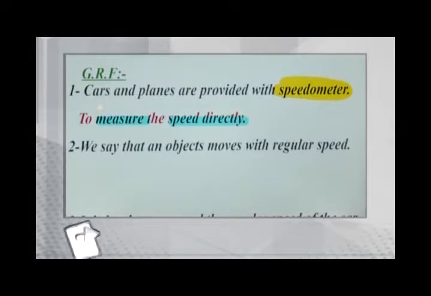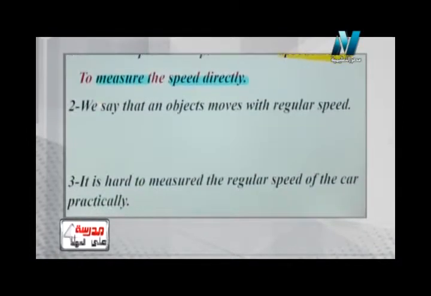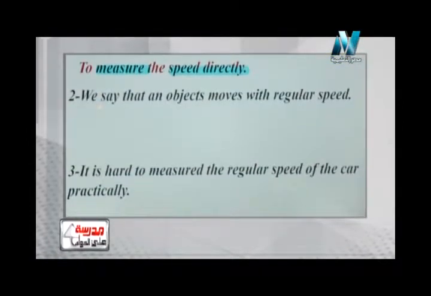Next question. Give reason for: we say that an object moves with regular speed. So we have the key of the answer inside the question, as we have here to talk about regular speed, سرعة منتظمة. So we have to define here the regular speed. The definition of regular speed is what?